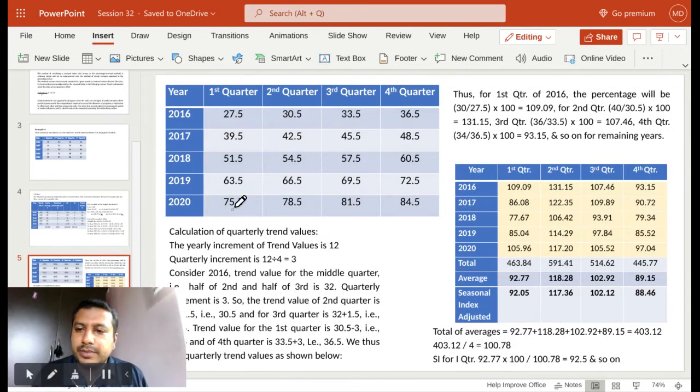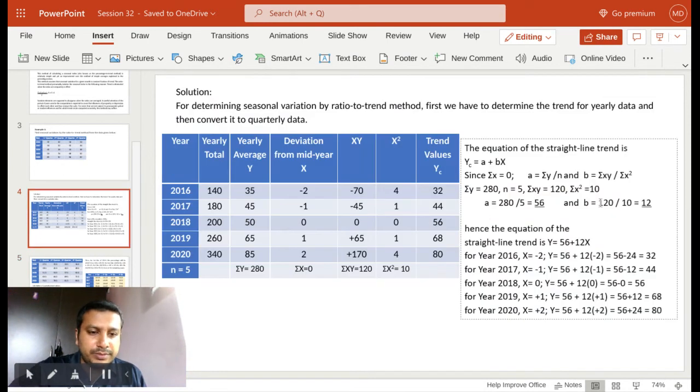Now, next step, whatever trend values you have got, you have to convert into the quarterly values. How do you convert? So here the incremental value, b is equal to 12.